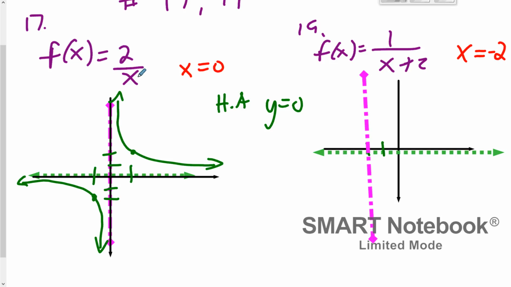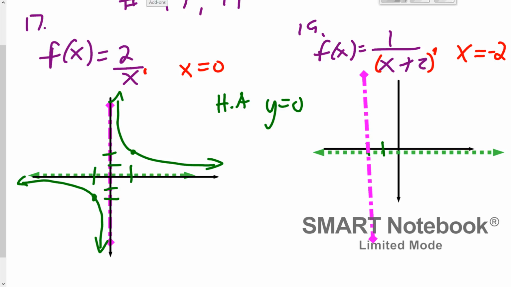So you notice that the degree of this factor, my factor is just x on the bottom, has a degree of 1. You notice that it approaches this vertical asymptote, one branch goes up, the other branch goes down. Same thing with this. The degree of the denominator is 1, and the degree of this factor, x plus 2, is 1. So that's an odd number.